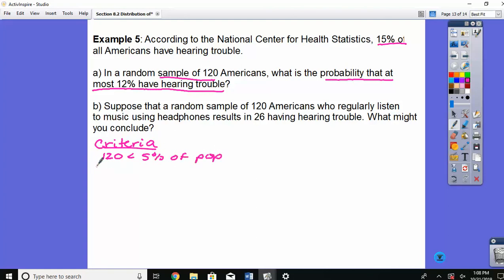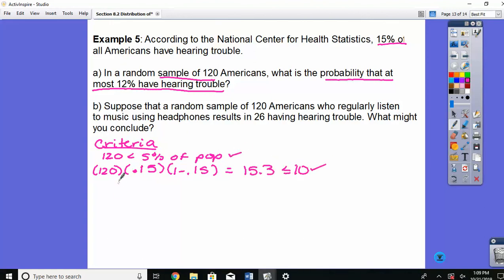Okay, so our n is 120. p is 0.15, and 1 minus p. So if I multiply those, I get 15.3, which is greater than 10.